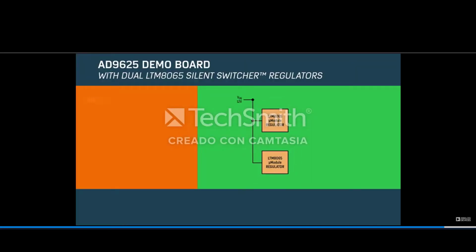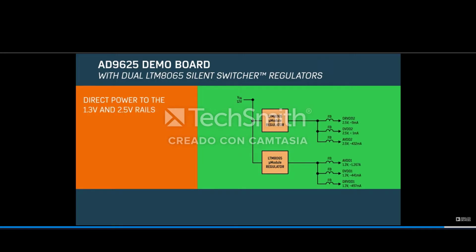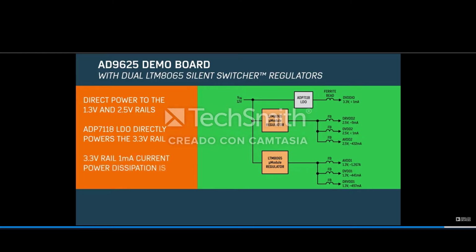In this solution, the LTM8065 directly powers the 1.3 and 2.5 volt rails, while the 3.3 volt rail is powered directly by the ADP7118, coming from a 12 volt input supply. The 3.3 volt rail current is less than 1 milliamp, so power dissipation across the LDO is negligible.